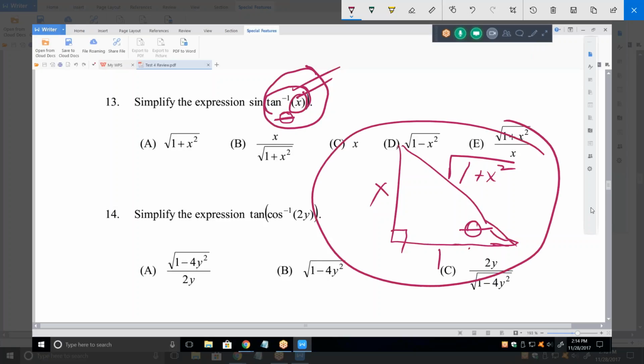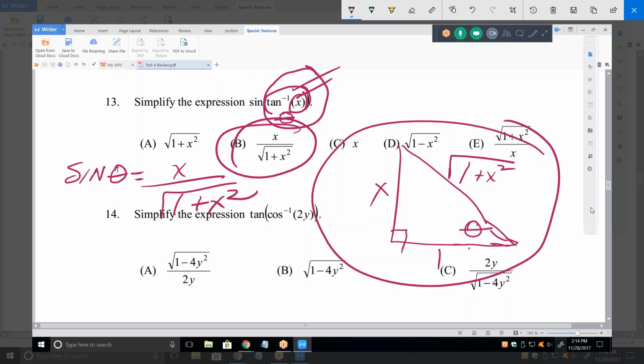And they're asking for what is the sine of theta. So what's the sine of theta? So it'd be X over square root of 1 plus X squared. Right there, B.